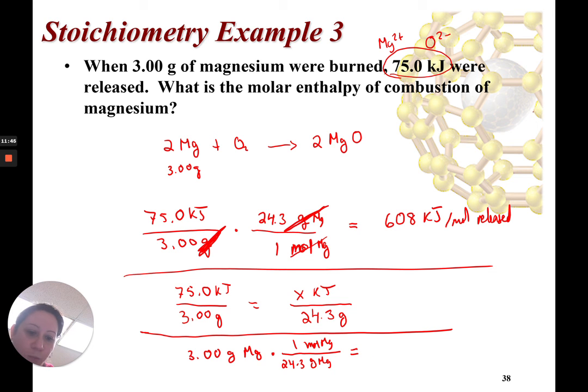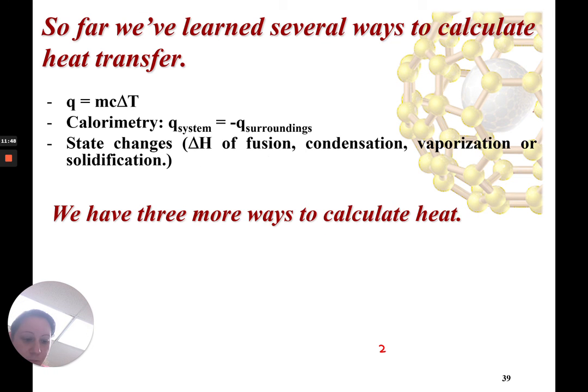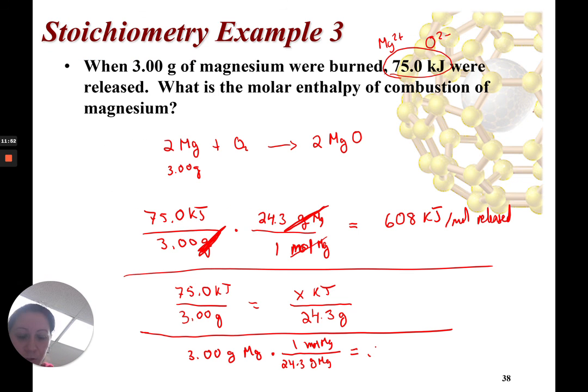And that gives me 0.123 moles. And then I would say, well, I have 75.0 kilojoules over 0.123 moles. And that would give me the 608 kilojoules released as well.